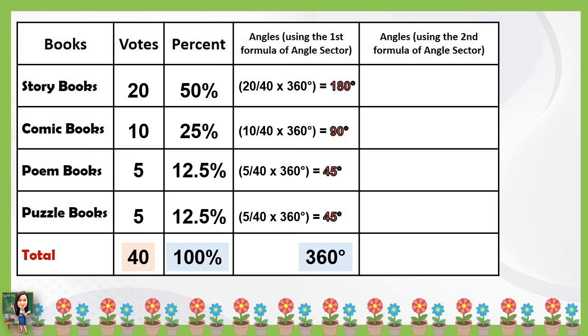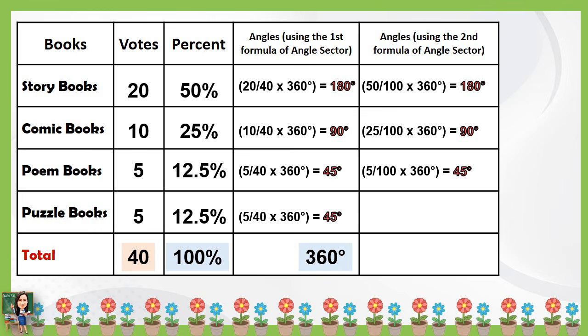And then, for the angles using the second formula of angle sector, storybooks 50 divided by 100 times 360 degrees equals 180 degrees. Comic books 25 divided by 100 times 360 degrees equals 90 degrees.